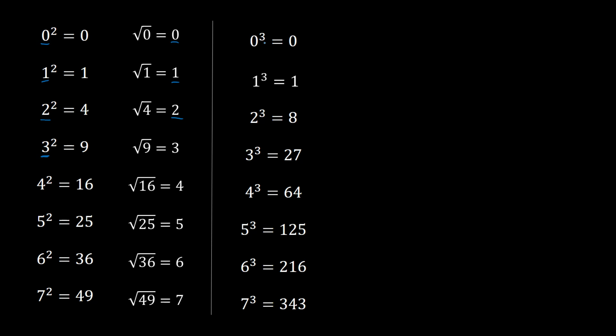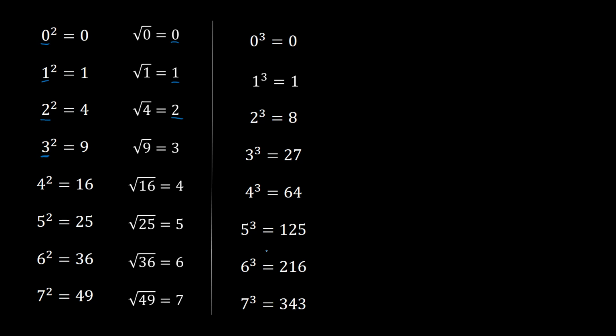So for the first one, 0 cubed means 0 times 0 times 0, which would just be 0. 1 cubed is 1 times 1 times 1, which is 1. 2 cubed is you're multiplying 2 by itself 3 times, so 2 times 2 times 2, which gives me 8. 3 cubed means you're multiplying 3 by itself 3 times, so 3 times 3 times 3, which is 27. And notice you can keep going for any size of number, and you're going to multiply whatever number that's being cubed by itself 3 times.